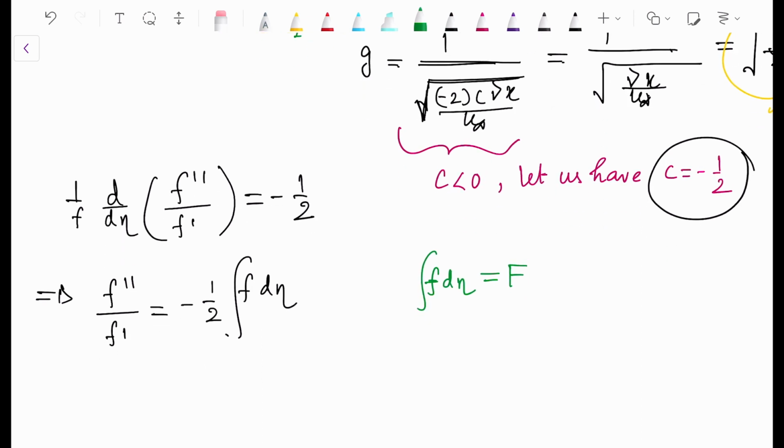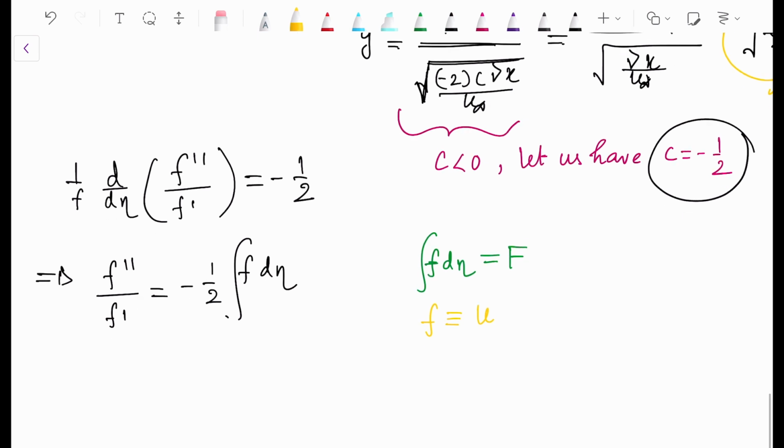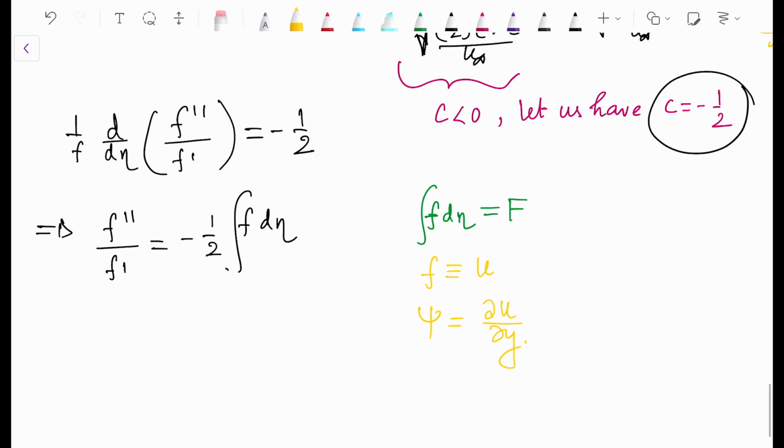So can you see something physically intuitive, that is f is equal to the velocity u. Okay, and it is just scaled with u infinity. So I know something like a stream function psi. So psi is defined as what, del u del y, right? Yes, I can have a minus, but that will depend.